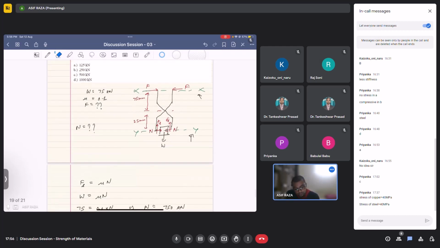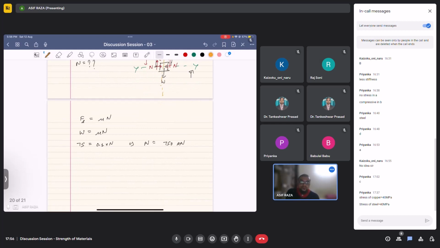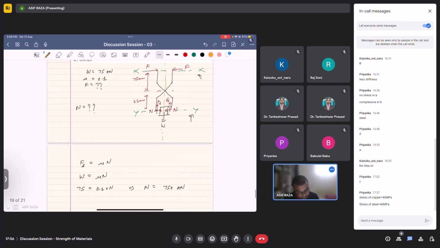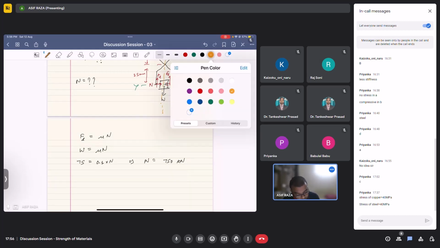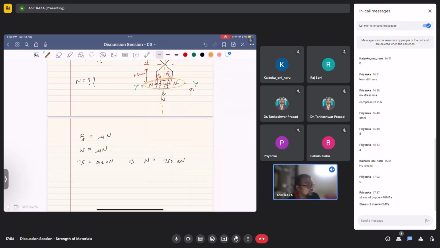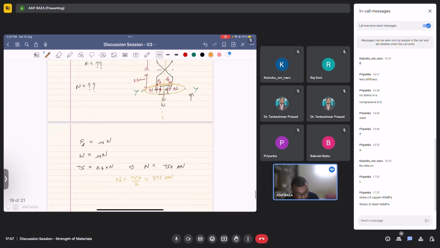If I consider only one of the halves, by symmetry of the system, this 750 kilonewton is to be applied in both of these combined. So for one half, normal would be equal to 750 by 2, that is 375 kilonewton.